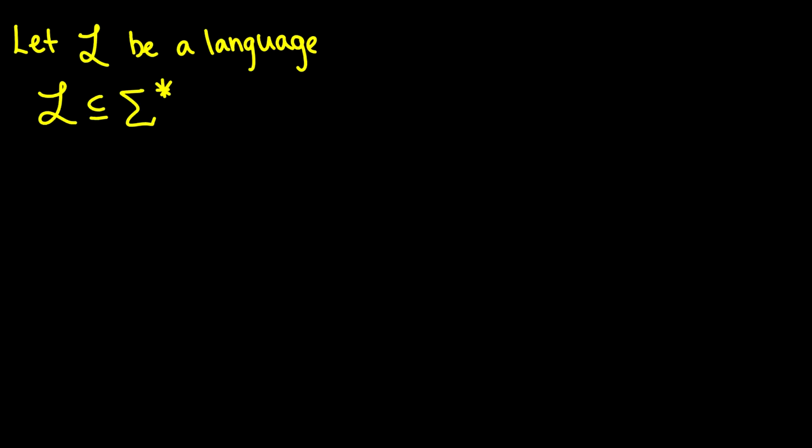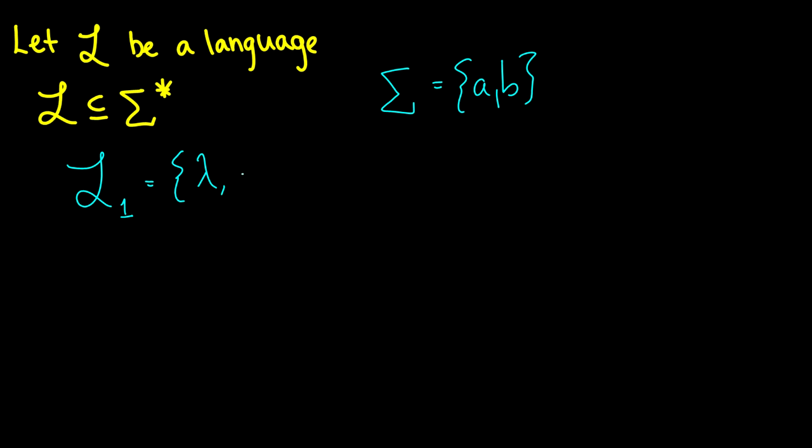So let's have sigma equal just A and B. And say I want my first language here to be just either an empty string or anything that starts with an A. In fact, it has to start with an A. That's the only restriction. So it can be whatever it wants, but it has to start with an A. And this will go on forever.